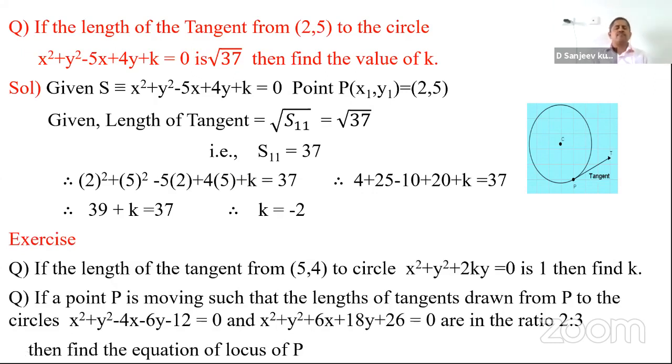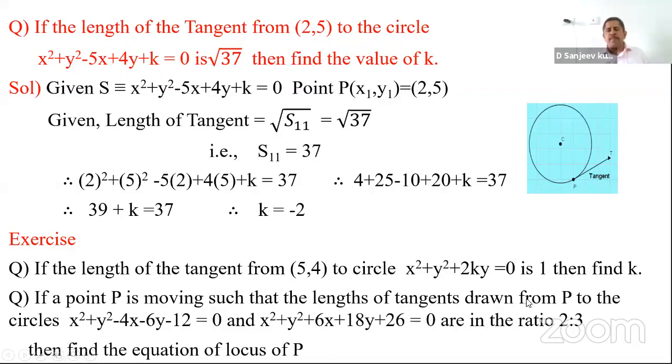I have given two problems based on the previous two problems. In the first, the length of the tangent is given as 1, find the value of k. In the second, the point P moves such that the lengths of tangents drawn from P to the circles are in the ratio 2:3.